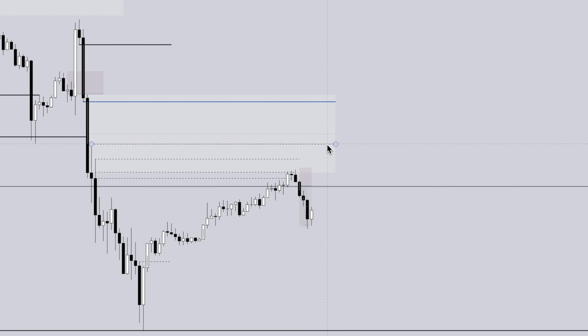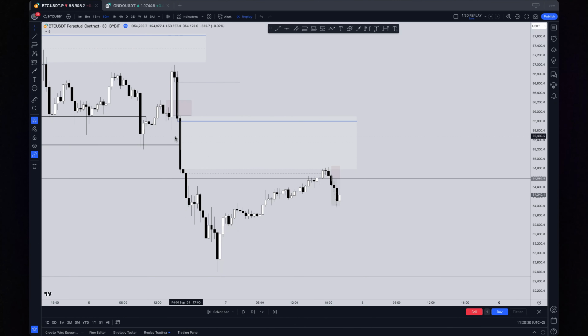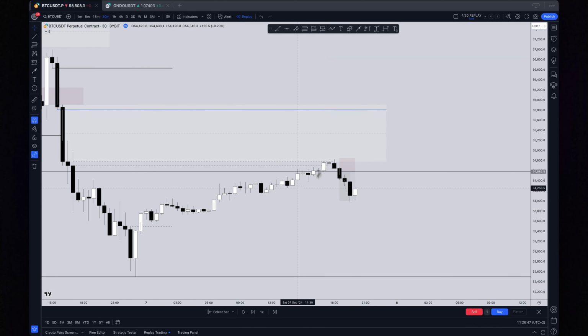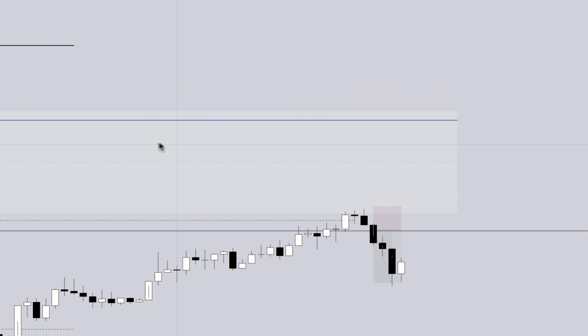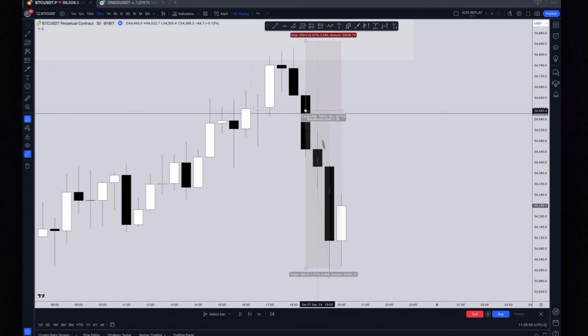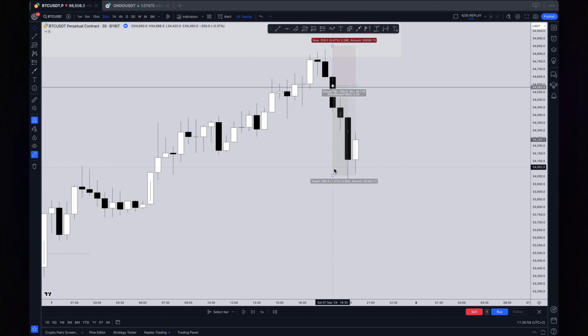Patience paid off because we said we want a trade within this area, ideally above here. We didn't get it yet. We could still get it. But price trickled up, swept one of the areas we marked within the candle that we want to see a trade. And then we took it to the low.